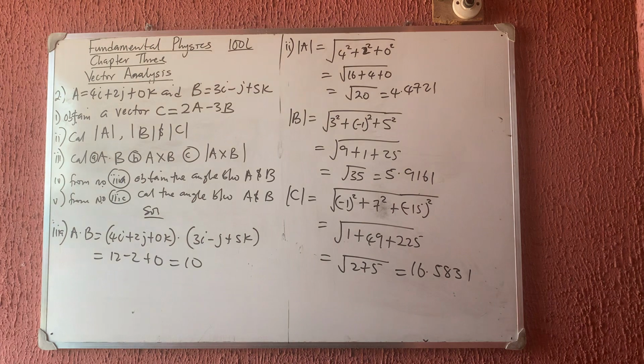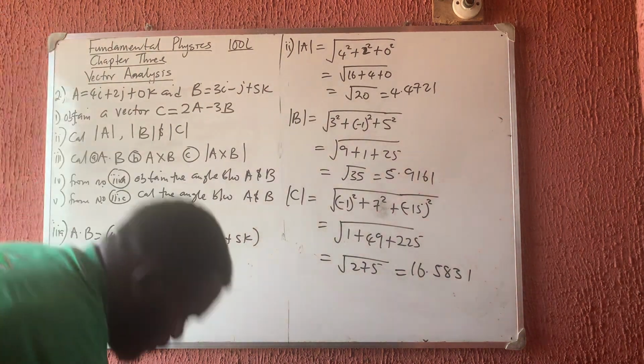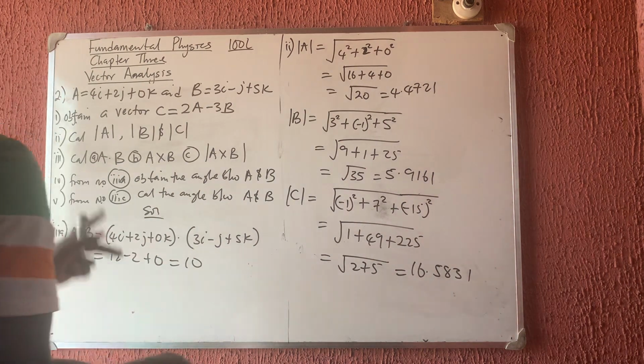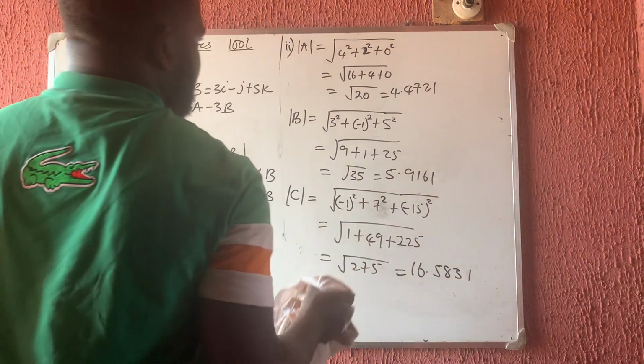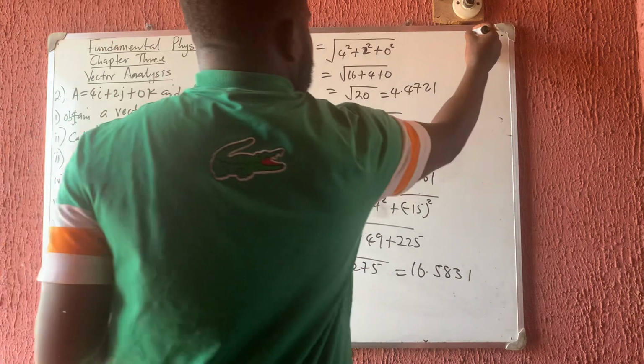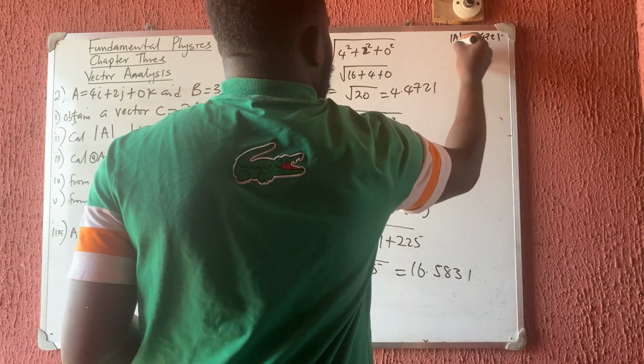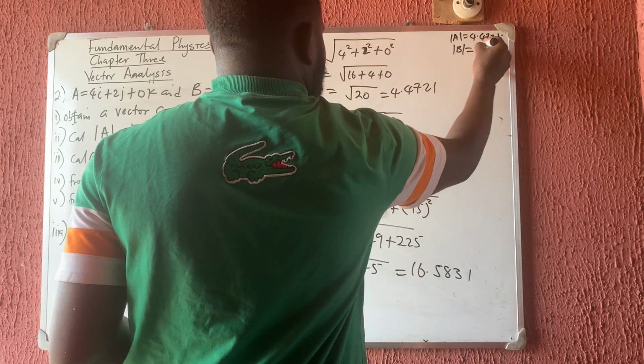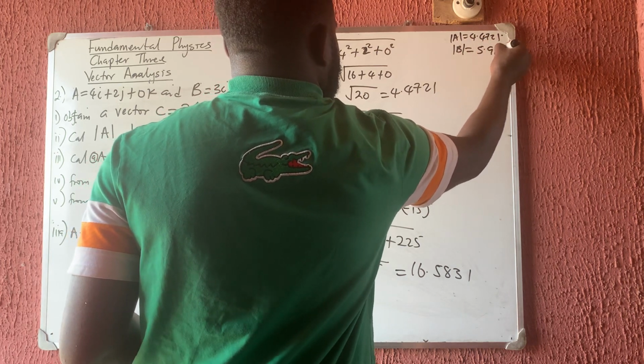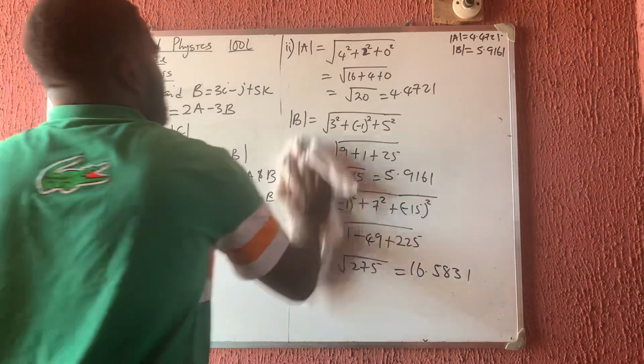Okay? So now the next thing we need to calculate is A cross B. So permit me to clean here, but I need all this value. The magnitude of A is equal to 4.4721. Magnitude of B is equal to 5.9161. So these are the two things I need.